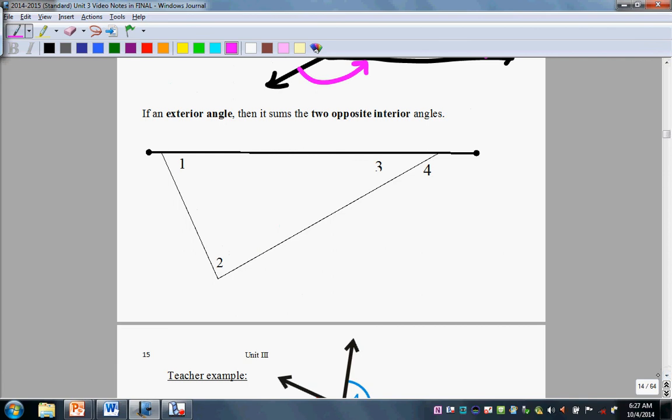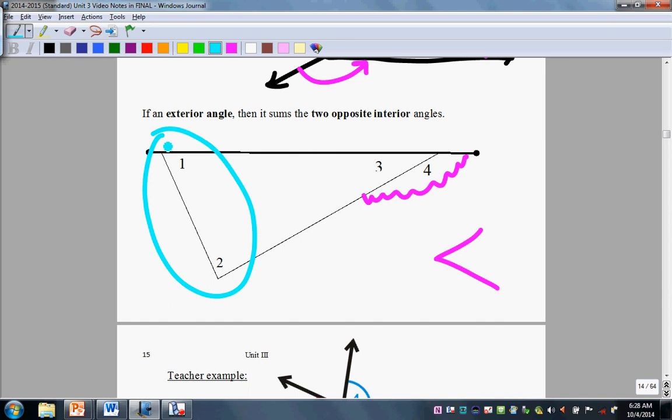So what we learned from our prior activity is that when you have an exterior angle, like angle 4, it always is the sum of what's called the remote interior angles. Remote means far away, interior means inside.